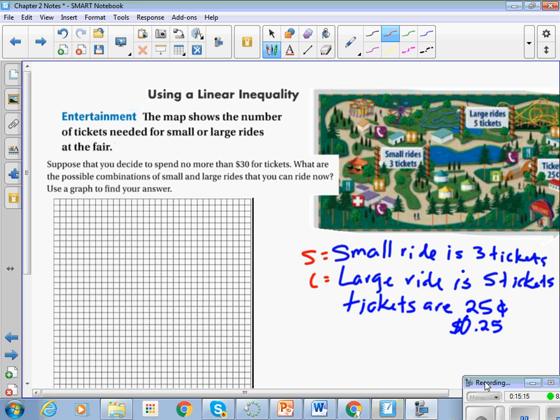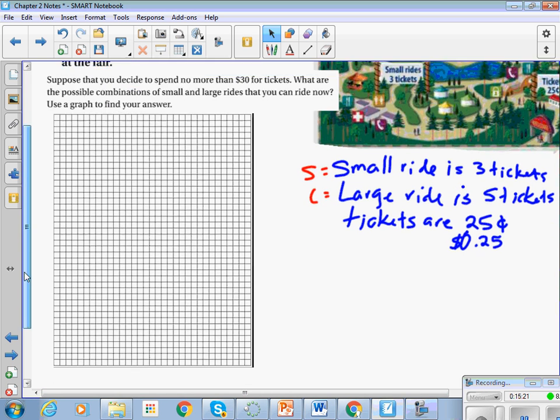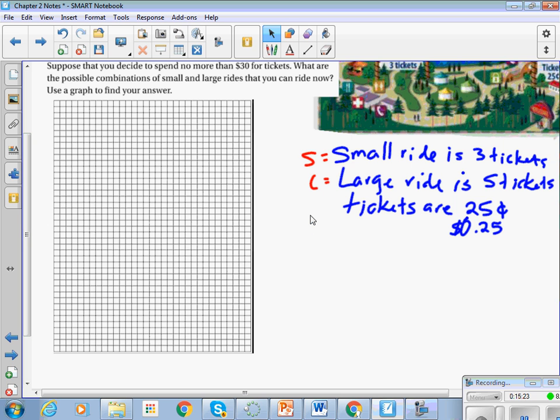So, on our graph, we have to decide what's the dependent and independent variable. We want to know tickets versus money.